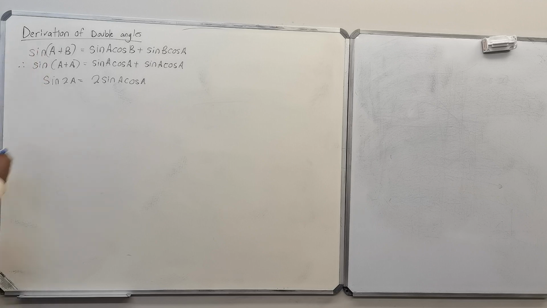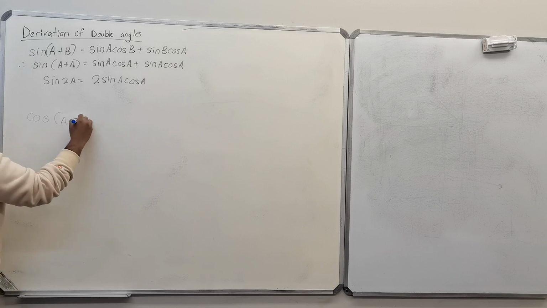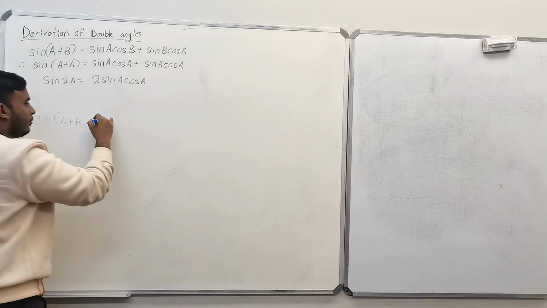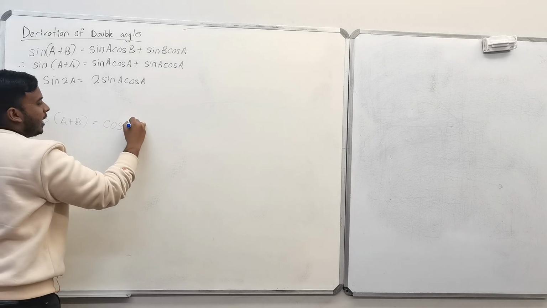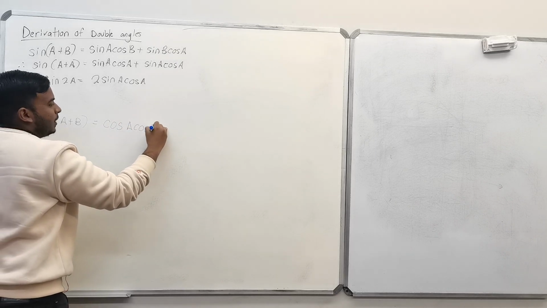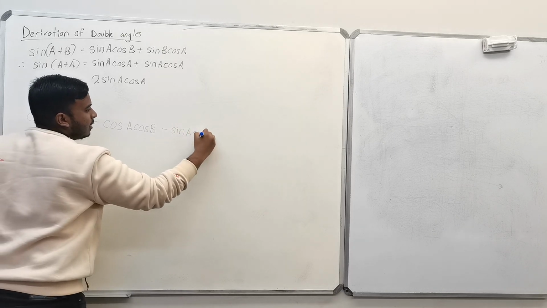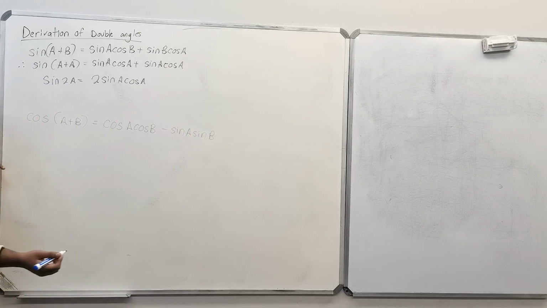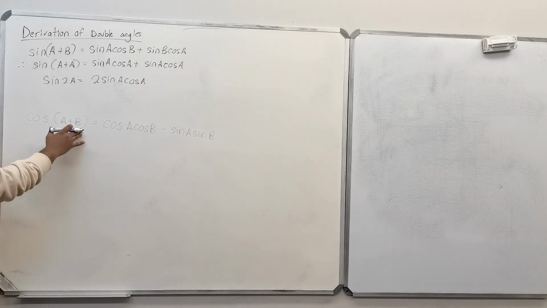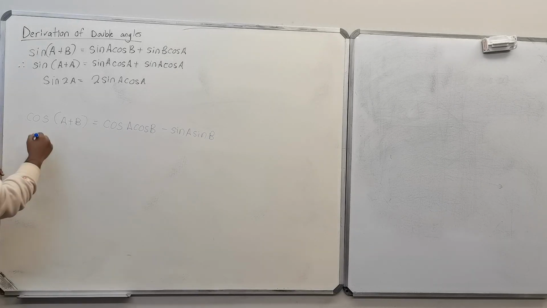Yeah. Okay. So, if we give you cos of A plus B, compound angle formula is cos A cos B minus sine A sine B, right? Compound angle formula for cos A plus B. Agreed? Yeah.